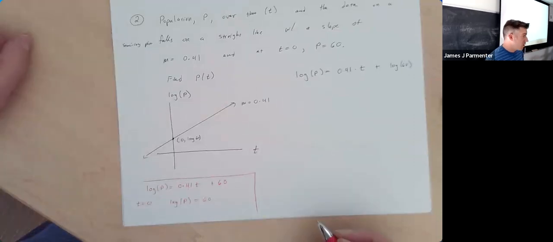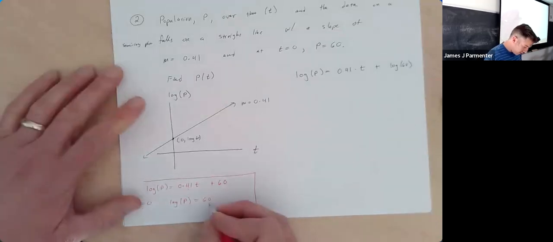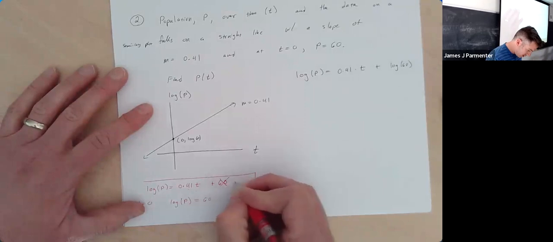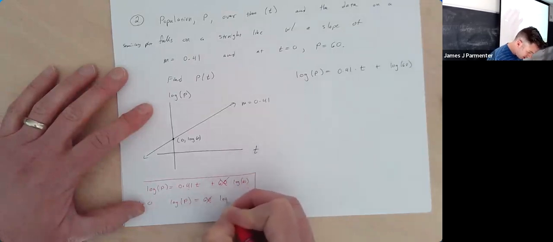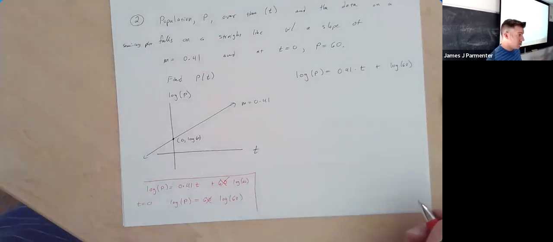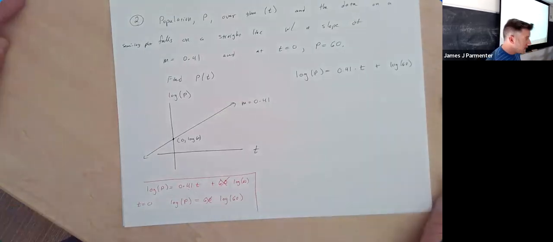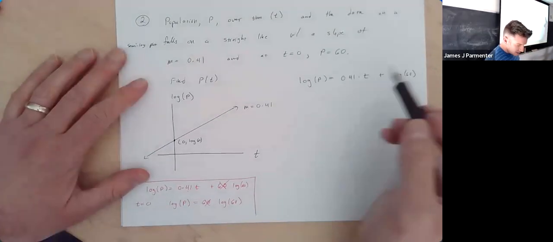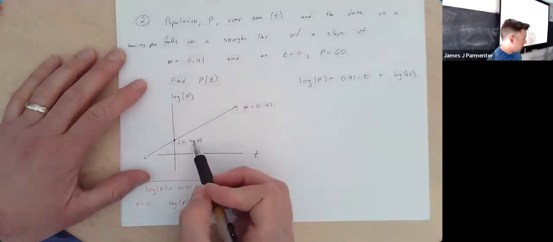Use like the y-intercept. Right, exactly. So instead, what we wanted this to be was log of 60, so that when we plugged in T equal to 0, we actually got P equal to 60, not log of P equal to 60. Yeah. But yeah, the plus b here, that is just your y-intercept, whatever it is.